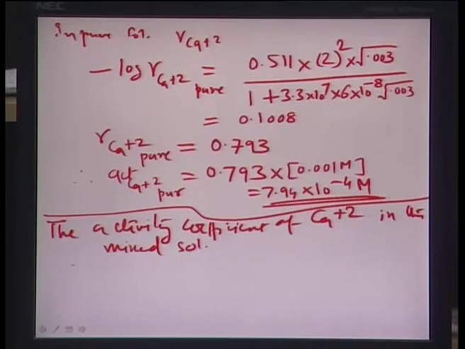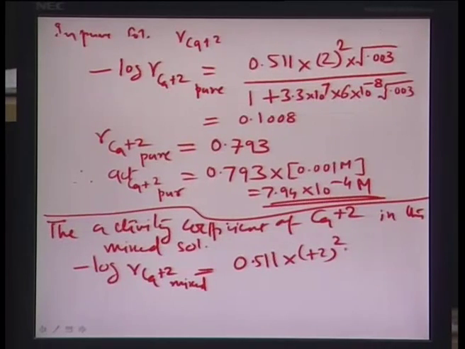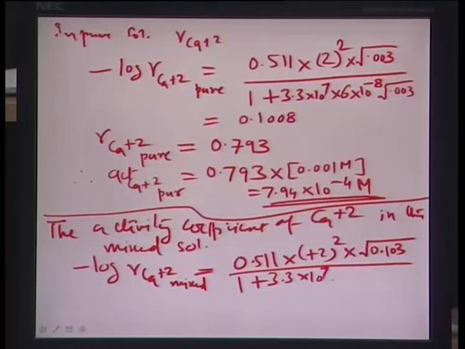Okay. So, we have in the mixed solution minus log of gamma Ca+2, and let us call this the mixed phase, equals 0.511, which is the A parameter, times +2 square again, because Z is +2 essentially, multiplied by the root of the mean ionic strength in the mixed phase, which is 0.103 as calculated before, divided by 1 plus 3.3 × 10^7, which is the B parameter, times again the calcium ion size parameter of 600 picometers, which we just deciphered a moment back, or 6 × 10^-8 times root of 0.103.